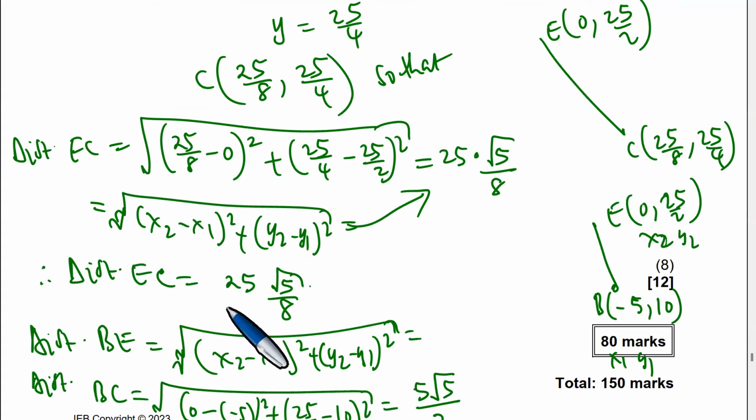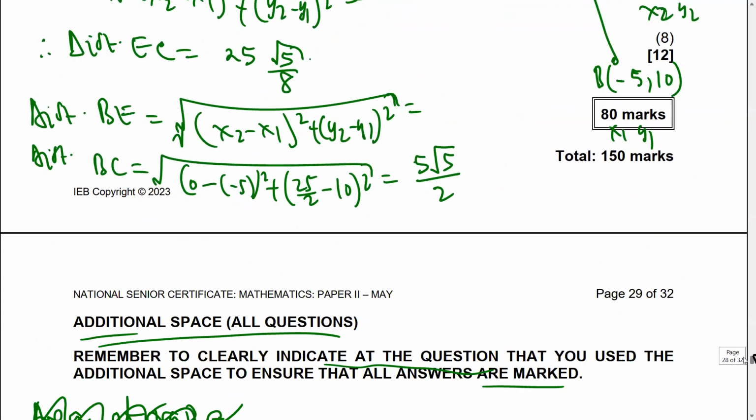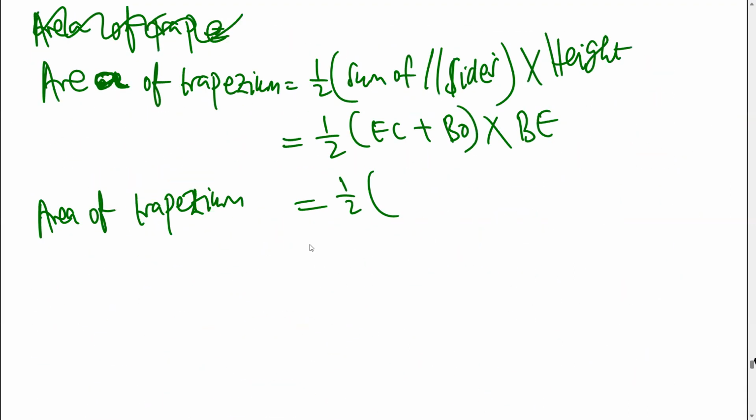The distance of EC is 25 the square root of 5 out of 8, plus BO.